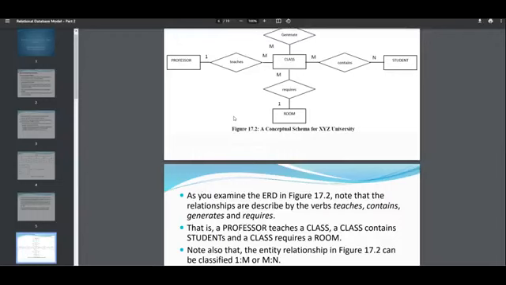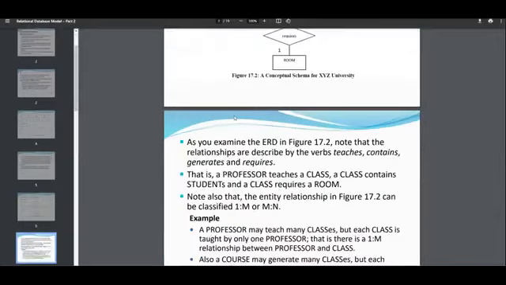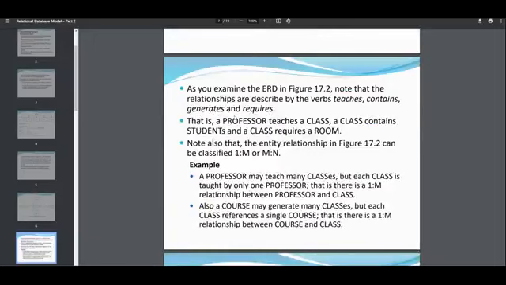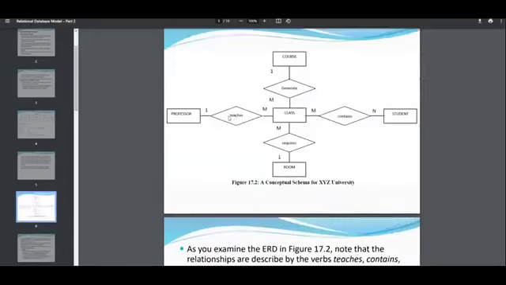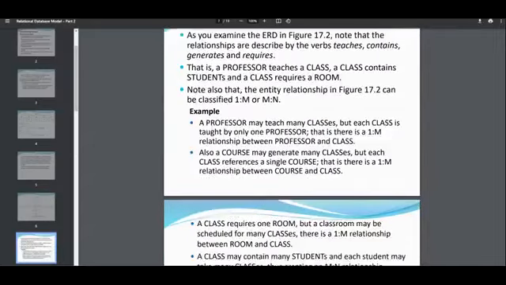Then here, this example, the scenario has been described one by one. A professor may teach many classes, but a class is taught by only one professor, right?